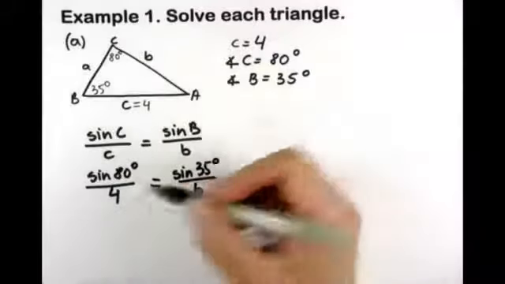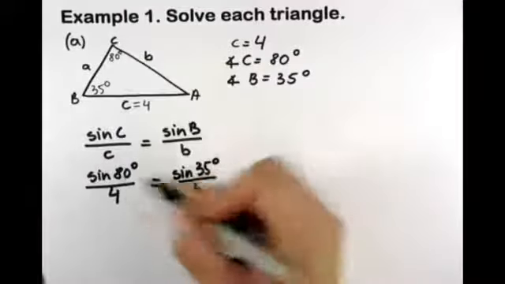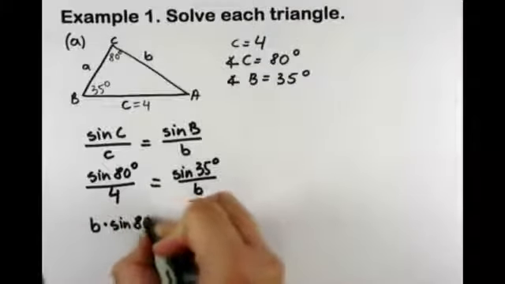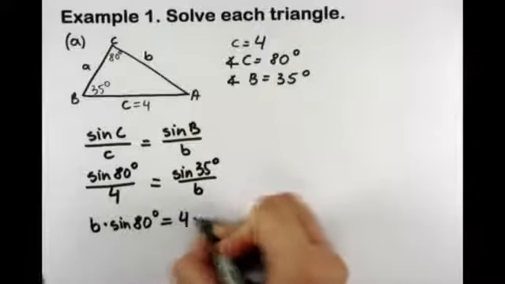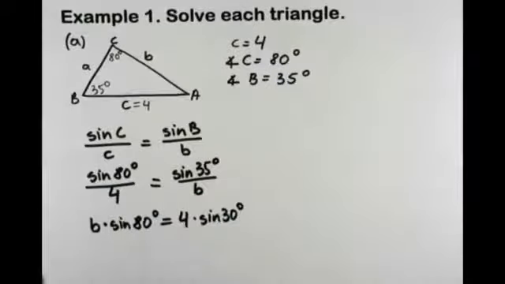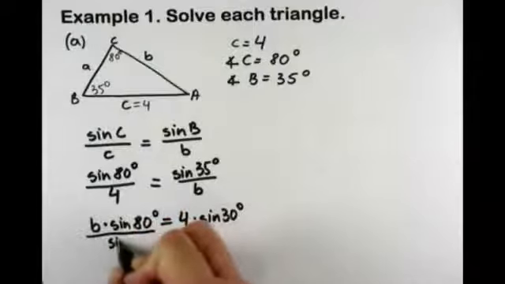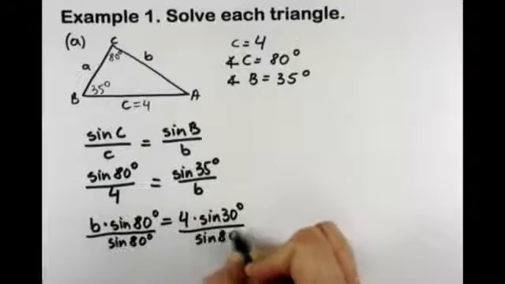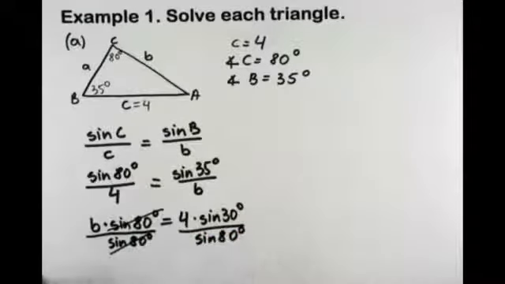Now I can cross multiply. So B times sine 80 degrees is equal to 4 times sine 35 degrees, and we can divide by sine 80, so this cancels out.